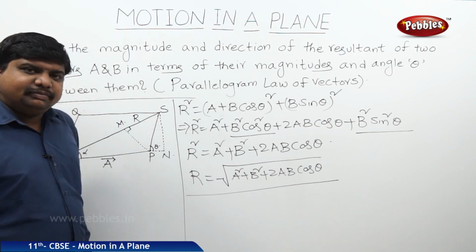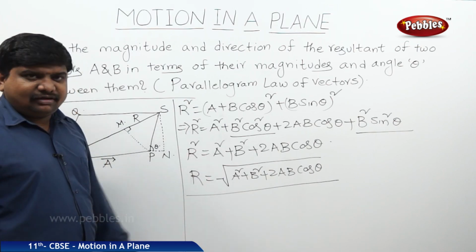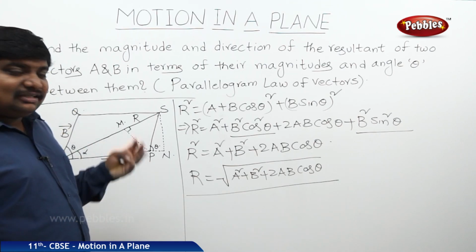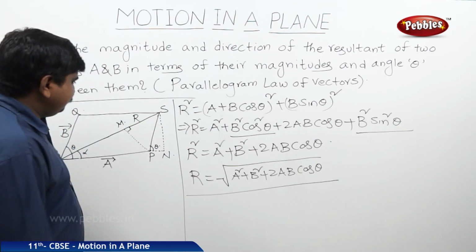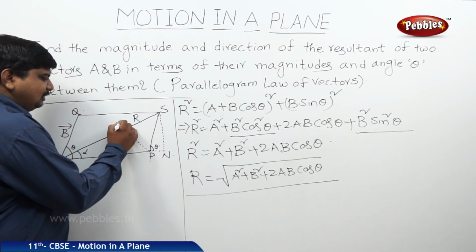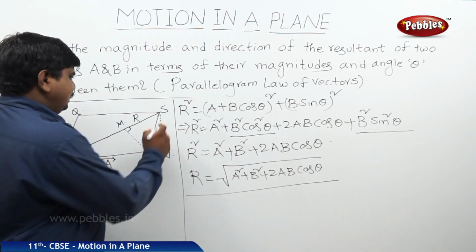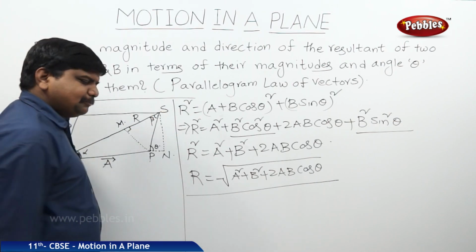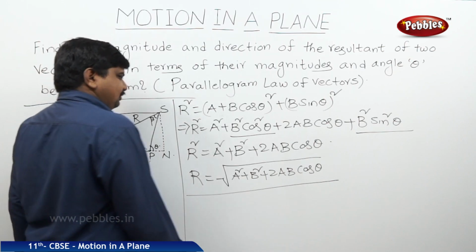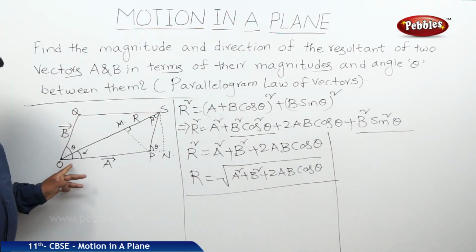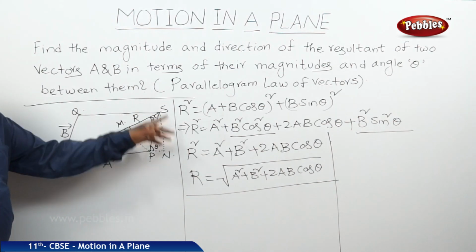Then what should be the resultant direction? I mean, if two vectors are given like this, what is the direction of the resultant vector? Let us suppose we draw a normal from P to R. This normal touches at a point M and makes an angle beta with respect to S. So from this one we can say, let us take the triangle OSN.